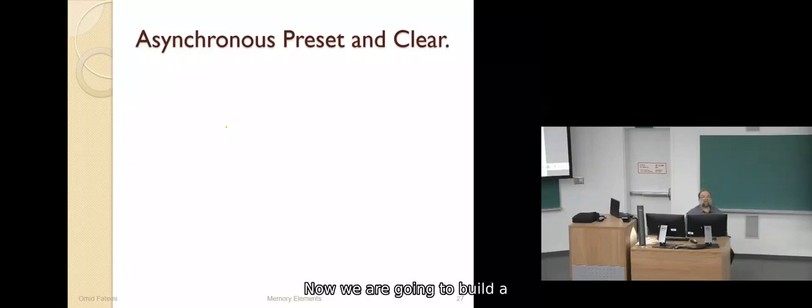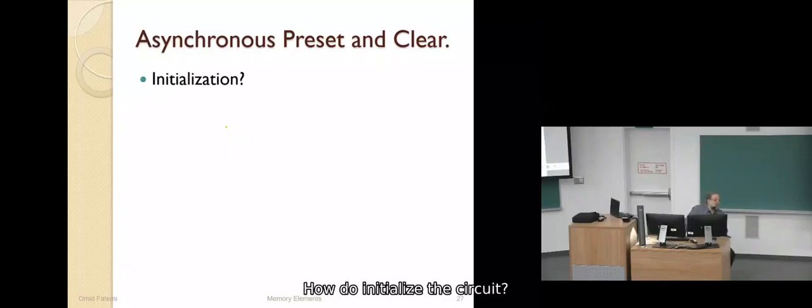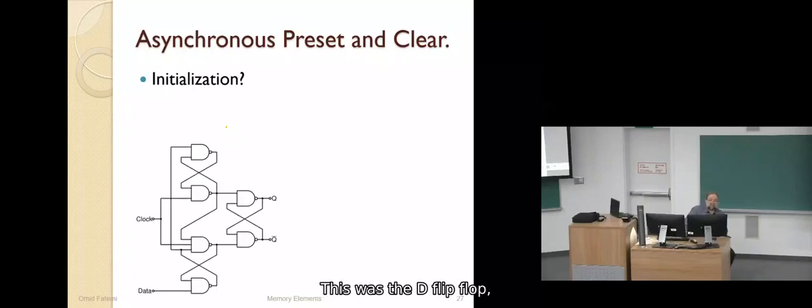So now we are going to build a preset and a clear for our design. And our first design is asynchronous. I will tell you what I mean by asynchronous. So how to initialize the circuit? This was the D flip-flop, the rising edge clock flip-flop.